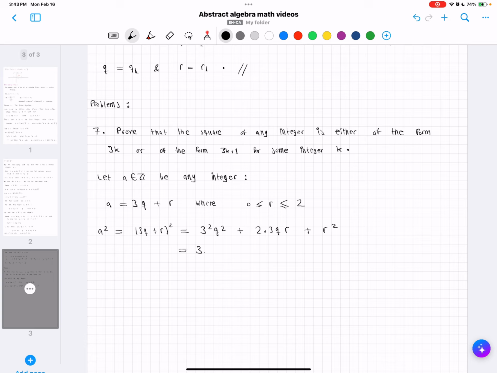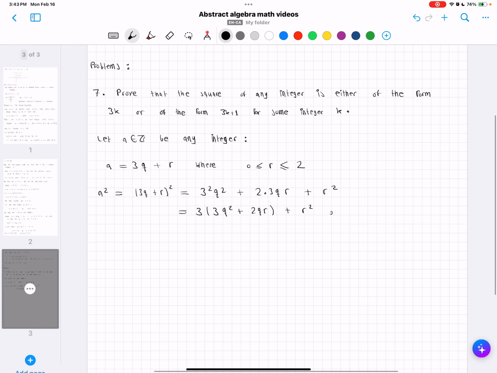If you factor in 3, then you get 3 times (3q squared plus 2 times q times r) plus r squared.